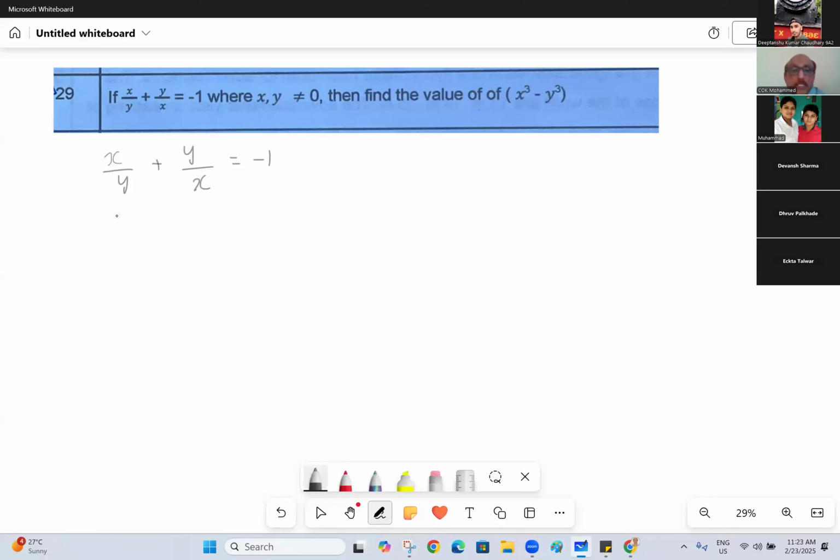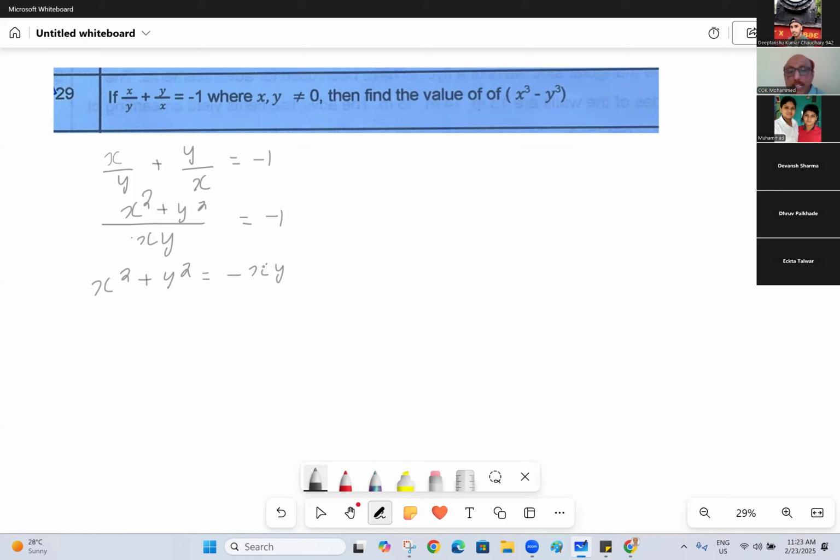Devansh, tell me what is the denominator? Denominator, xy. Numerator, x square plus y square. Cross multiply, and it is equal to -1. Then x square plus y square is equal to what? Minus 1 multiplied by xy.